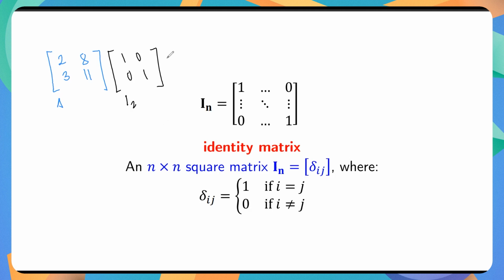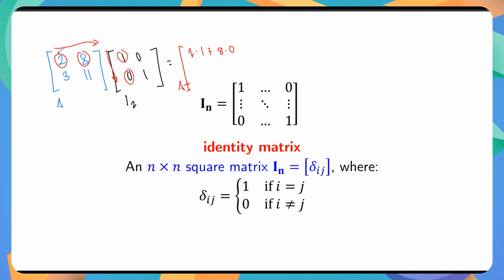By doing so, the product matrix, which is AI, has the following result. Again, matrix multiplication will be applied here. So 2 times 1. We're going this way and then downward. Next is 8 times 0. We add that to here, which gives us the first element.